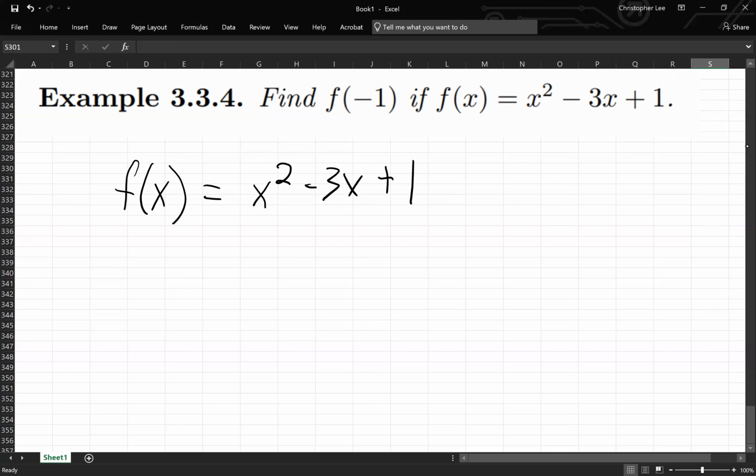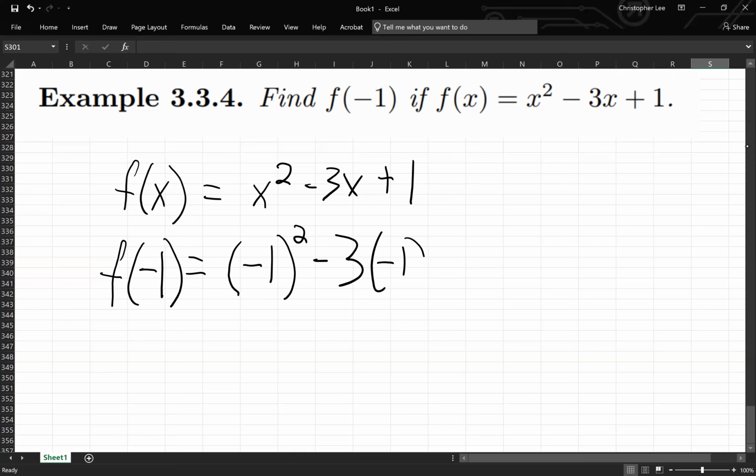I'm just copying it from right here. But I want to show you that what they're asking us to find is f of negative 1. So what does that mean? Everywhere I have x, I'm going to put negative 1.